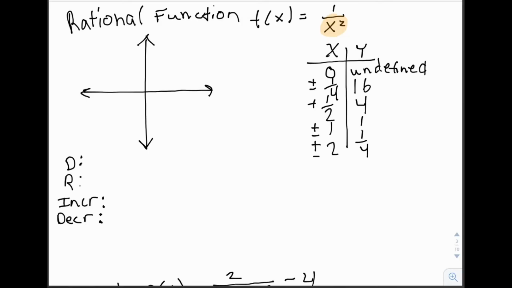Again, at 0, we're undefined, but we do have values at 1/4 and 16 and negative 1/4, 16. So let's do little tick marks. So 1, 2, 3, 4. Those will represent quarters of the 1 value. And then finally, we'll have values there.